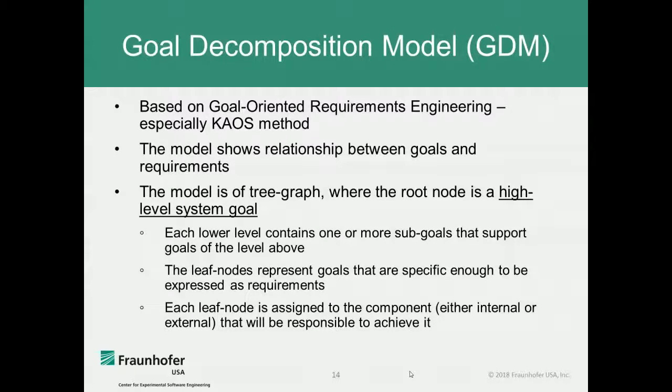Or in this work, how we define it is, once it is detailed enough that you can assign it to an agent, it can be considered complete. And that feeds us into the next model, which is the agent interaction model. If you go to that slide.